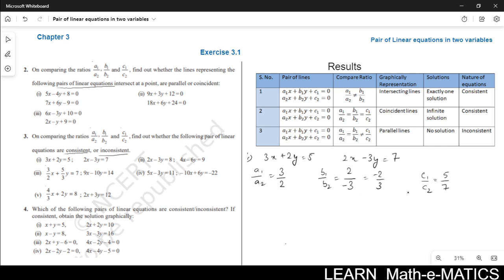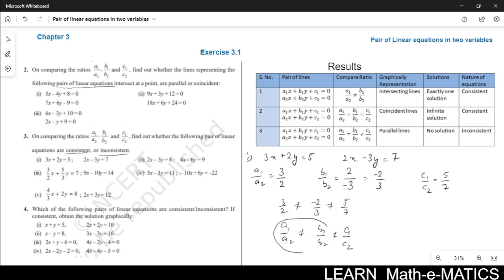Right? Now compare these. We know a1 upon a2 is not equal to b1 upon b2. 3/2 is not equal to minus 2/3, which is not equal to 5/7. That means a1 upon a2 is not equal to b1 upon b2 is not equal to c1 upon c2.